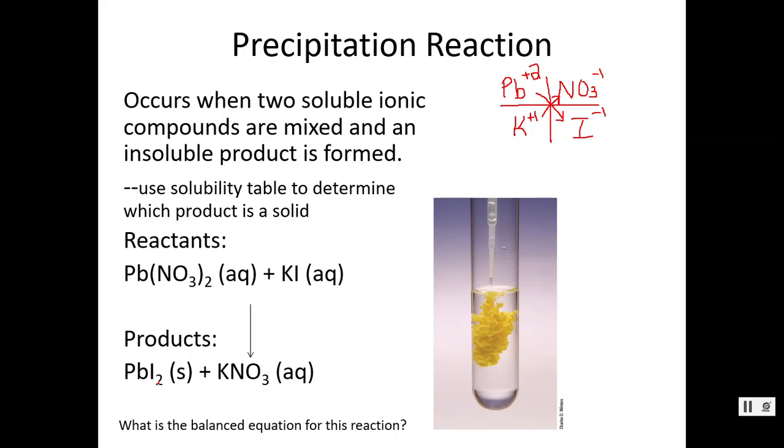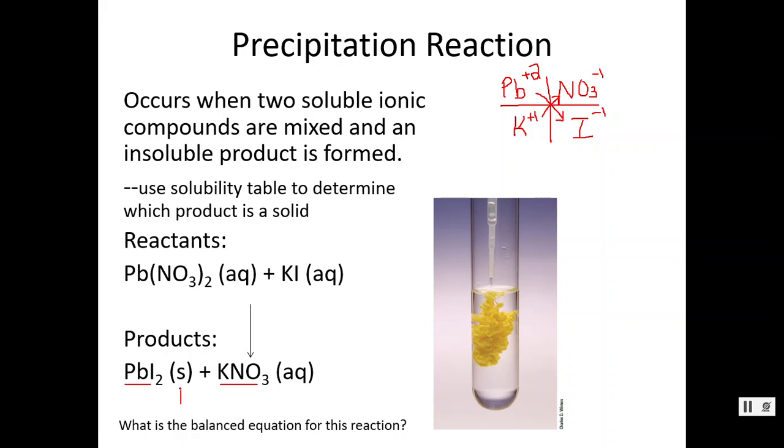Remember, when putting ions together to make a neutral molecule, it's always subscripts. So PbI2. We'll talk about how to determine states in a second. My second product is going to be the potassium paired with the nitrate. And since potassium is a +1 and nitrate is a -1, I just need one of each. So KNO3. So that's how you predict the products of a double displacement reaction.